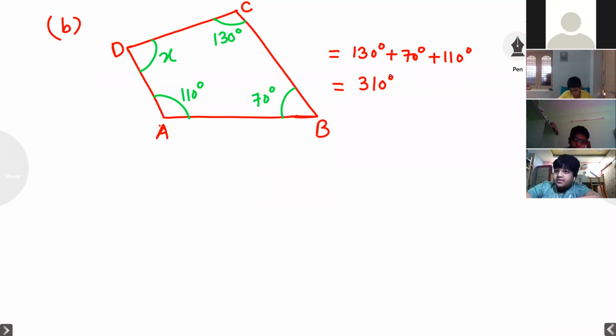Now I want to find out the unknown angle. x is equal to what? 360 degree minus 310. What is the answer? 50 degree. Why are we subtracting from 360? Because that is the angle sum property of a quadrilateral. The sum of all the four angles is equal to 360 degree.